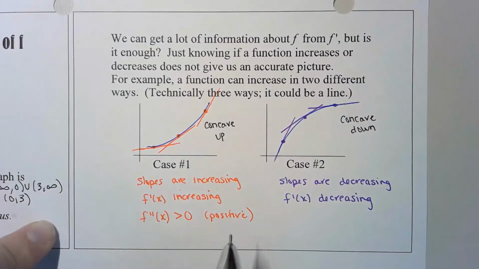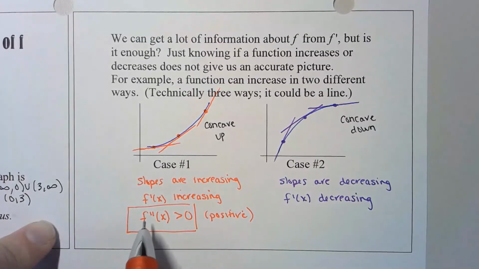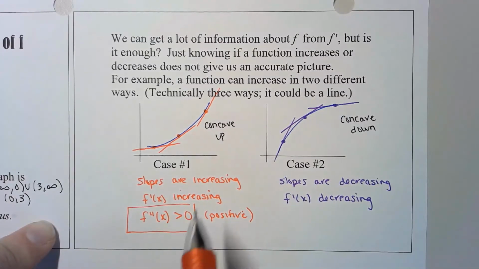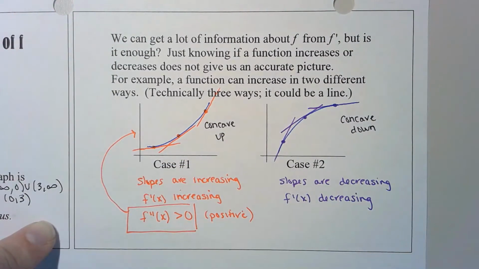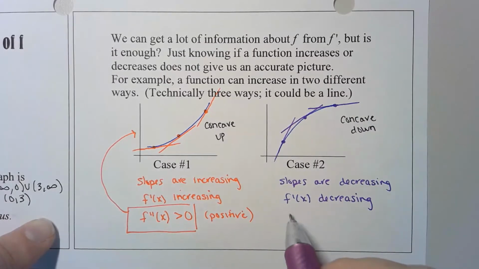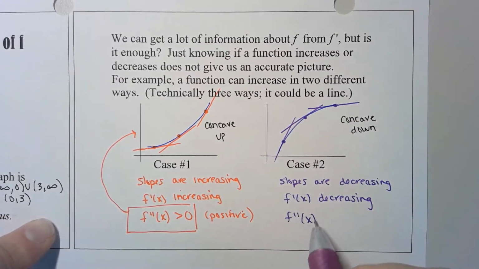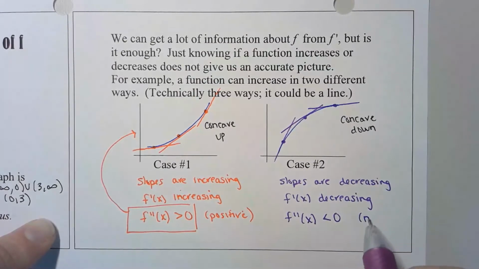So this is how we start tying in the second derivative. When the second derivative is positive, our graph will be concave up. Our original will be concave up. Let's look at case number 2. If f prime is decreasing, then its derivative will be negative.